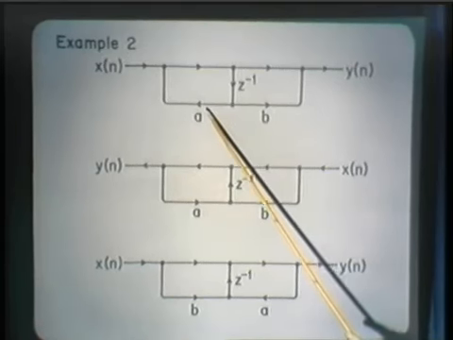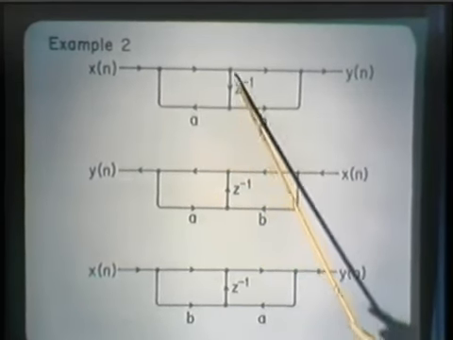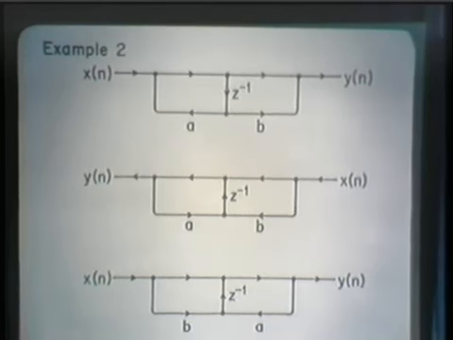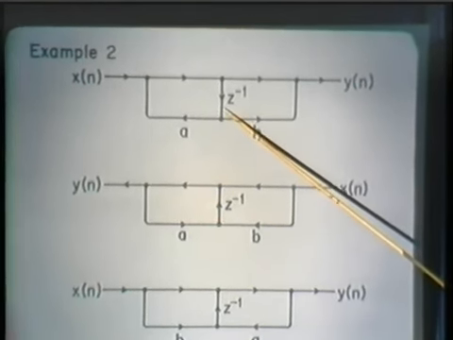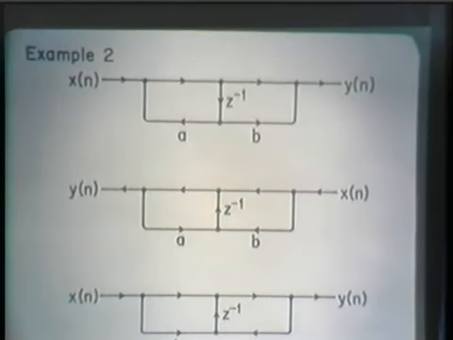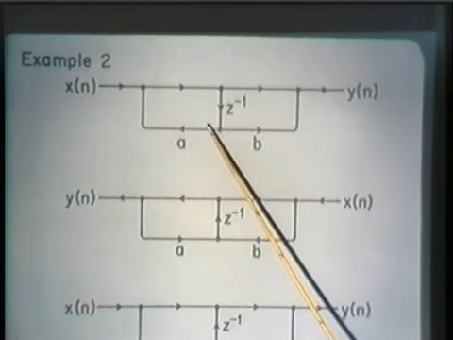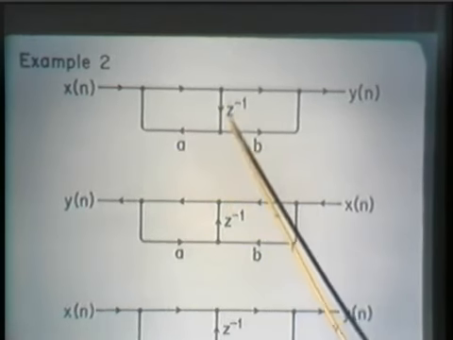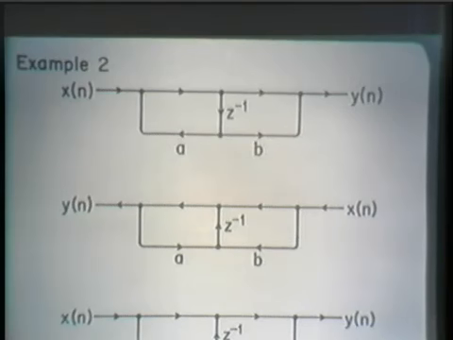This implements 1 zero and 1 pole. Here is the implementation of the pole and the implementation of the zero. This, in fact, is the first-order counterpart of the canonic structure that I showed several view graphs ago. And so it's one pole, and that's implemented through this loop, one zero, and that's implemented through this loop.